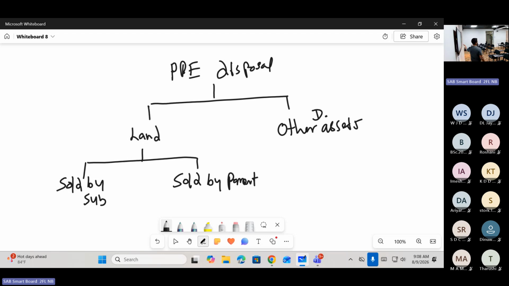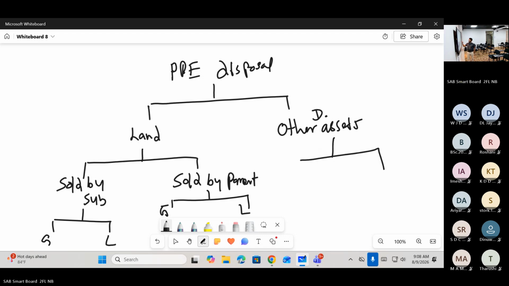Sold by sub, sold by parent. Right? This is for gain, this is for loss. Right? These are scenarios.